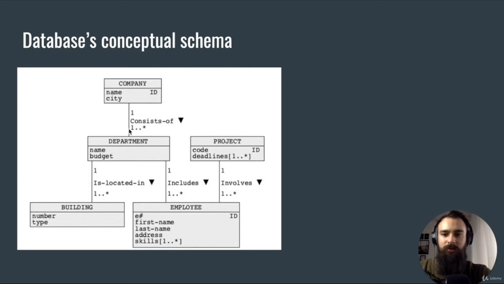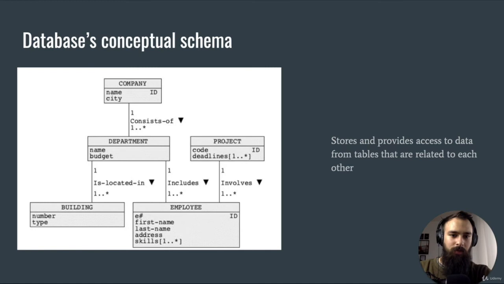So this link means that one company consists of many departments, in the same way that the department is located in many buildings. You see, one-to-many. And in the next sections we will see how to create such a conceptual schema, how to create the database with its tables, attributes, links, and so on.